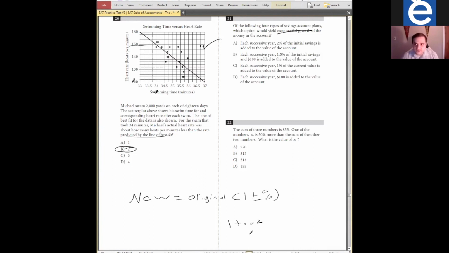If it decreased by 10%, it would be 1 minus 0.1. And then that is raised to the compounding period. So what do I mean by compounding period? Let's say it compounds yearly. If it's 3 years, a 3 would go there, right?